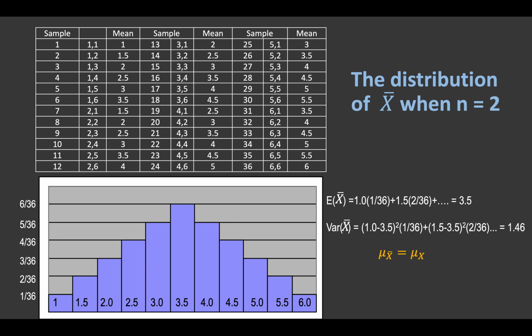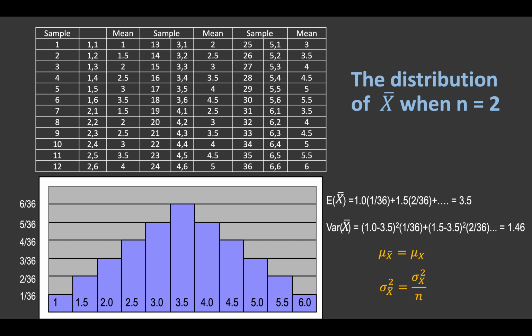This shows that the mean value of the sample mean equals the mean value of the entire population. Yet the variance of the sample mean equals the variance of the entire population divided by n. Remember, before it was 2.92, and if you divide 2.92 by 2, which is the number of households or samples we used here, that gives us 1.46.